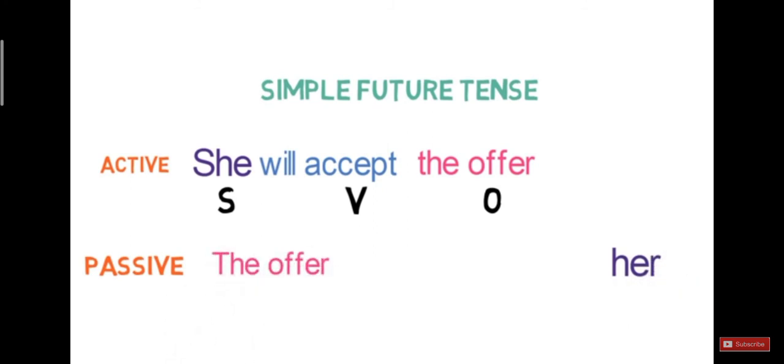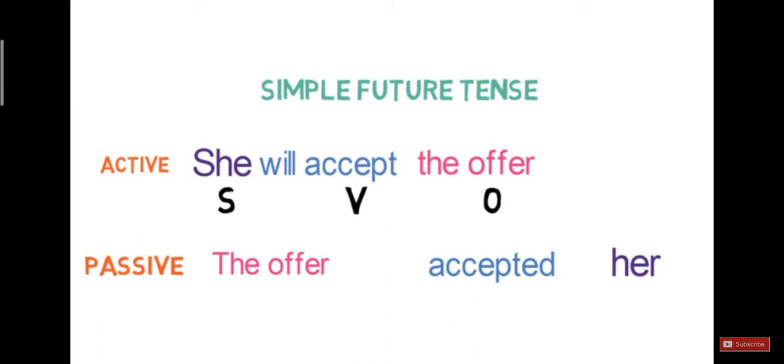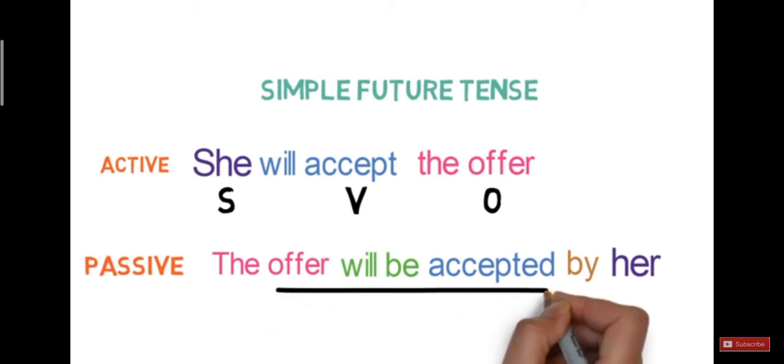The offer will come into the first place, and accept, which is the verb, will convert into verb's third form, accepted, and the helping verb will be used, will be, and preposition. The offer will be accepted by her. So now future continuous won't be there.